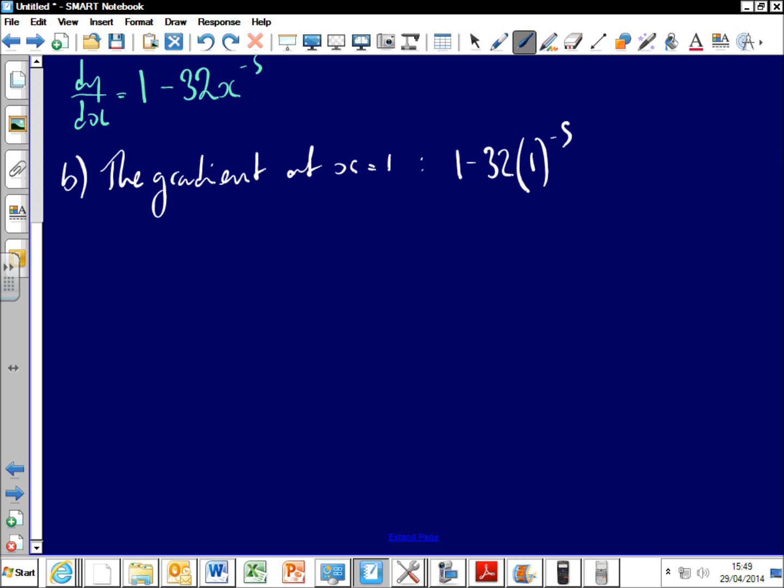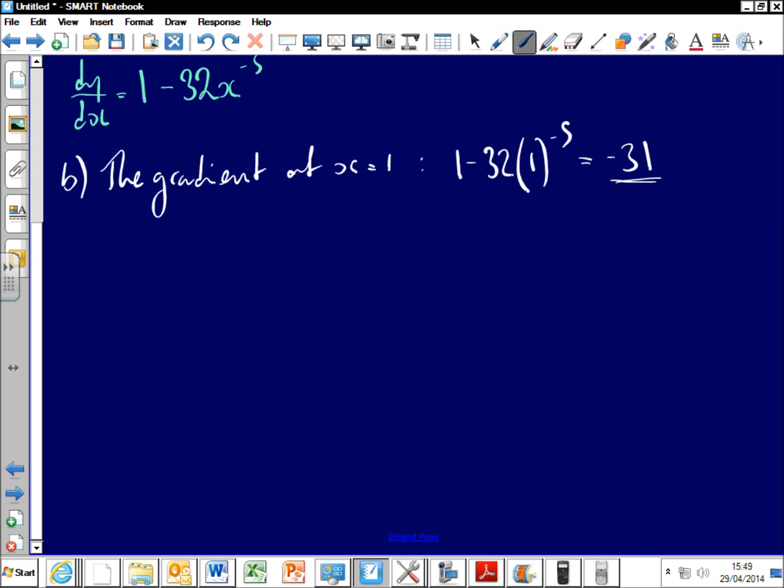Is that right? I've just subbed 1 in. 1 to the minus 5, what's 1 to the minus 5? 1. So this is 1 minus 32, so that's take away, it's minus 31, right? Okay, so the gradient at x equals 1 is going to be minus 31.